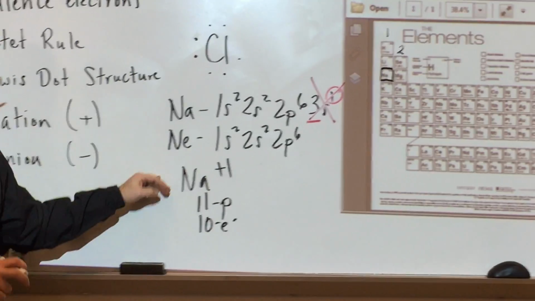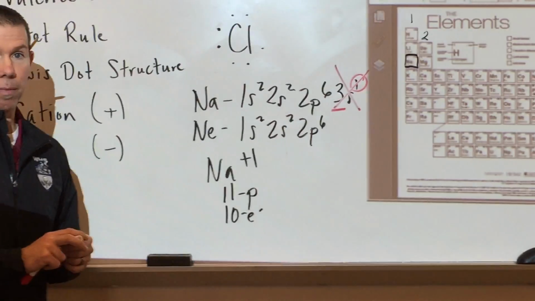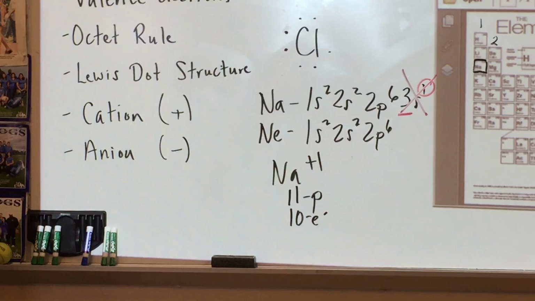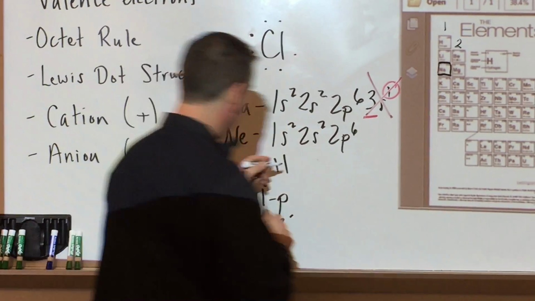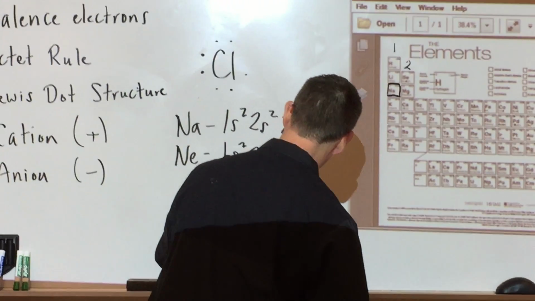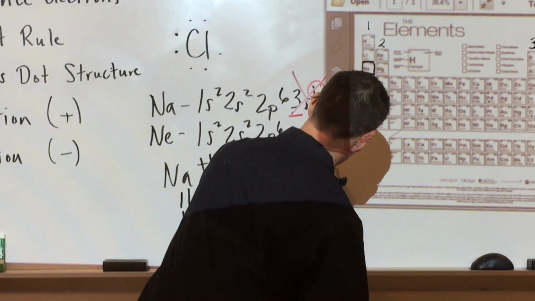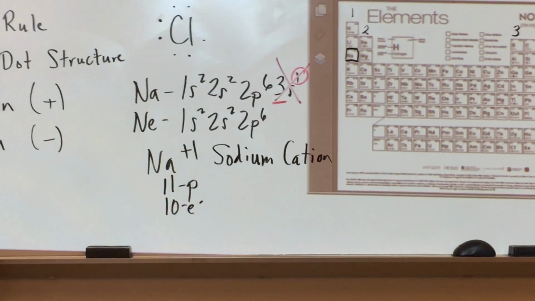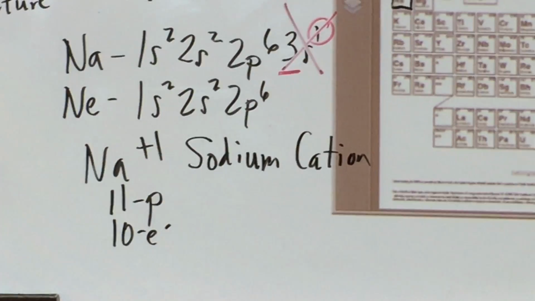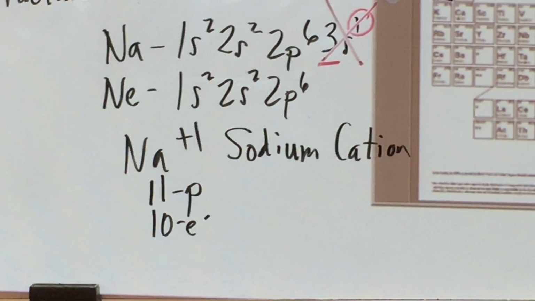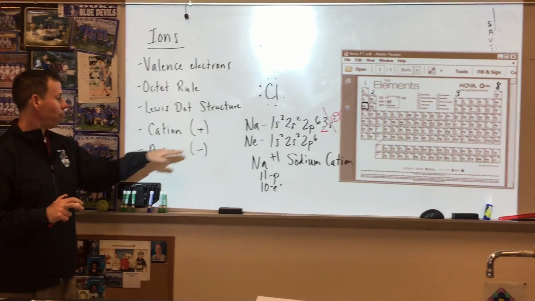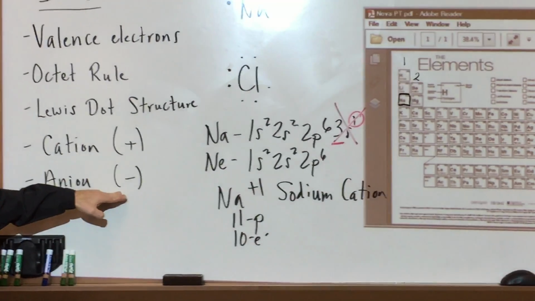We would represent the symbol for sodium as Na+1. We would then call that atom a sodium cation. And as you recall from our previous chapter, cations are positive and anions are negative.